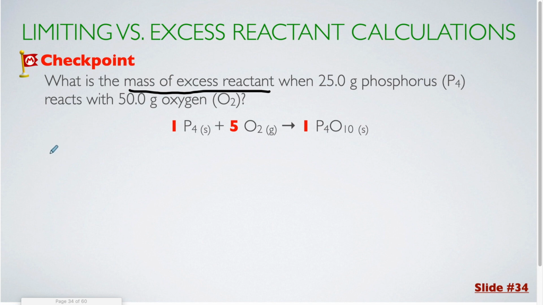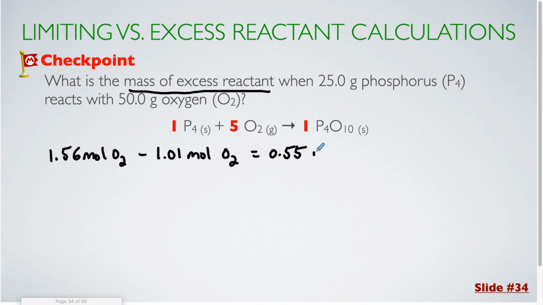So we had identified 1.56 moles of oxygen, and we're going to subtract the 1.01 moles of oxygen that would actually be required. So this is how much that we had available to us, and this is how much was needed for the reaction to work. When we subtract that, we end up with 0.55 moles of oxygen excess.